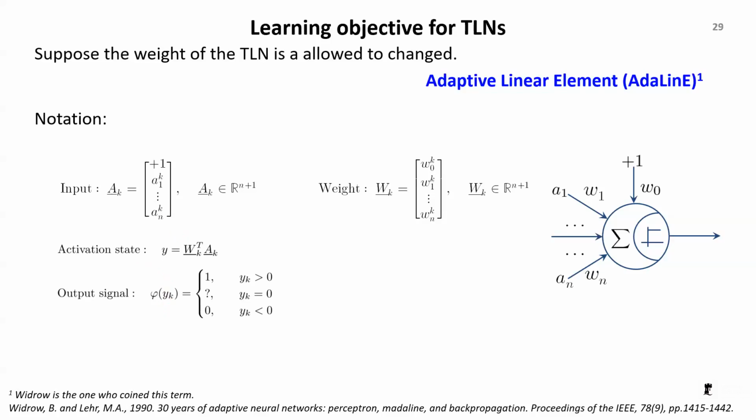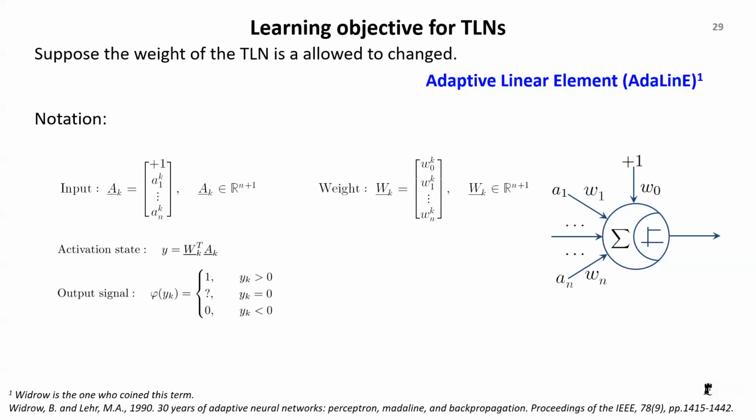One thing I want you to note is that the threshold logic neuron is slightly different from before. In the previous one, if y is larger than or equal to 0, it becomes 1. But that's not convenient when we have something on the boundary, where we call it yes.